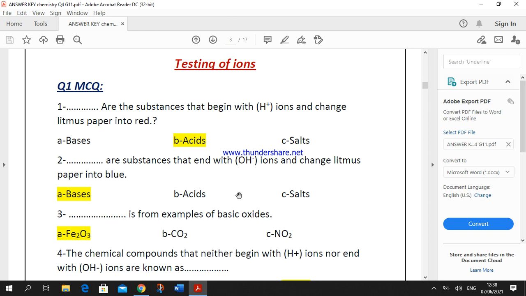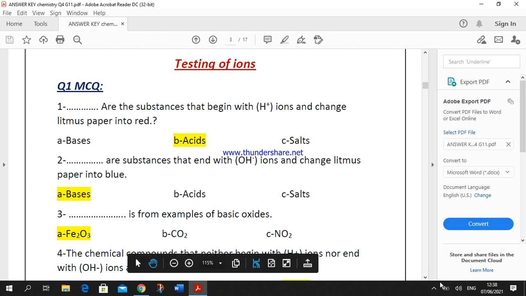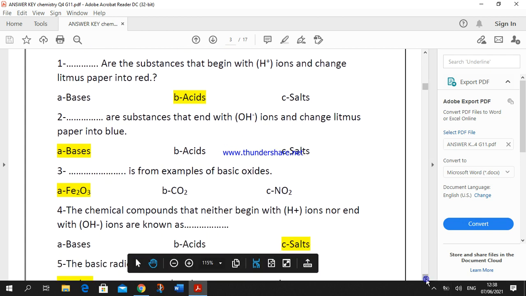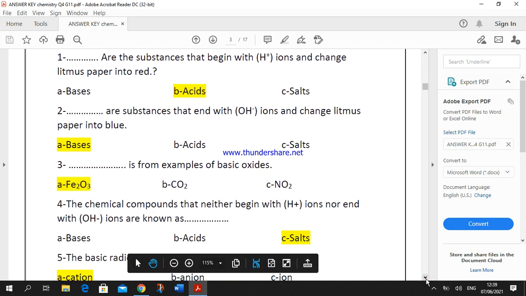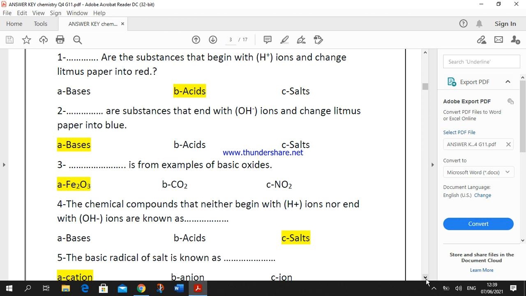Number 2, the substances that end with hydroxide negative ions and change litmus paper into blue are known as bases. Number 3, some metal oxides are known as basic oxides because they can dissolve in water and give an alkaline solution.